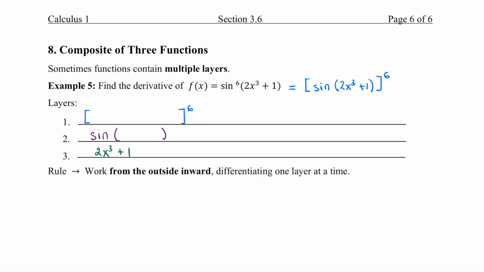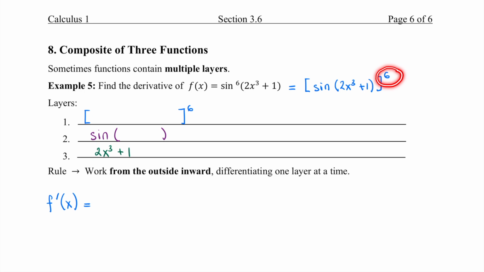When a function has multiple layers, we apply the chain rule one layer at a time, working from the outside inward.